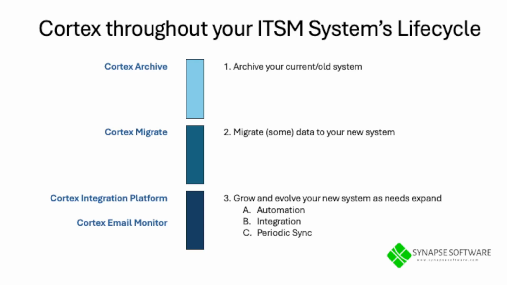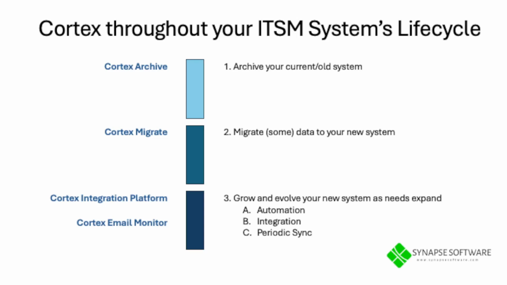You can continue to archive everything from the old system in Cortex, but then you can pull certain records into your new system. And that's not a one and done thing. As long as you're using Cortex and as long as you continue to license the right collection of features, you can continue to migrate data into your new system at any point in time.